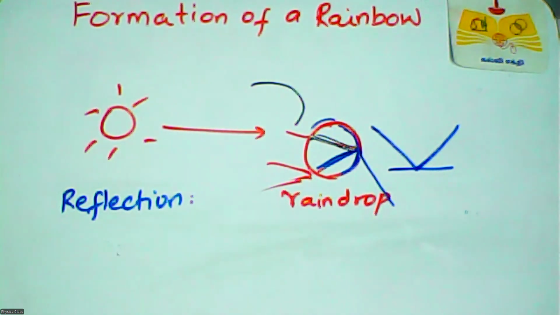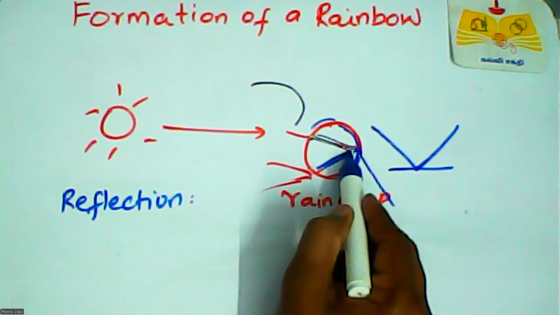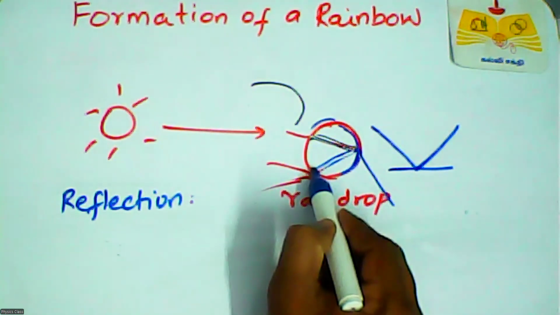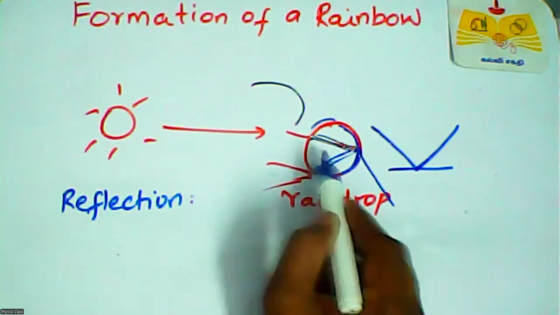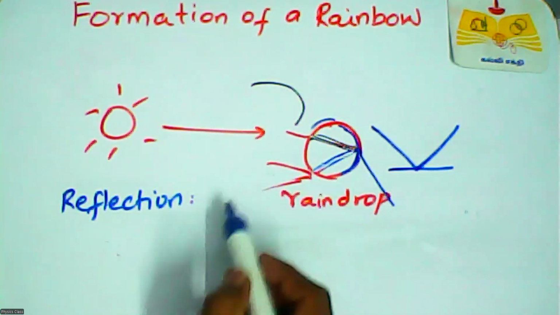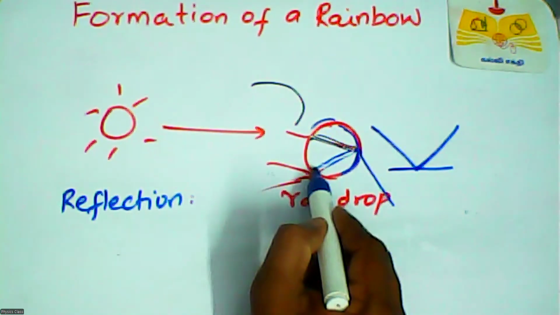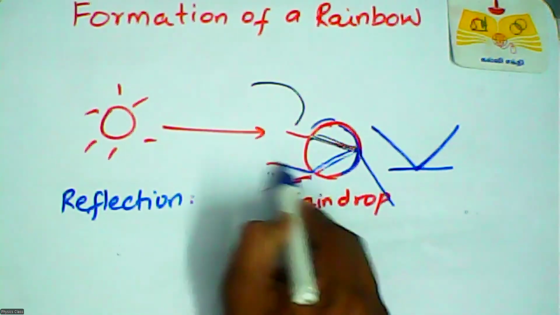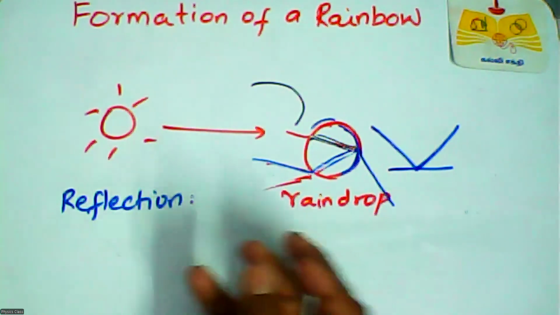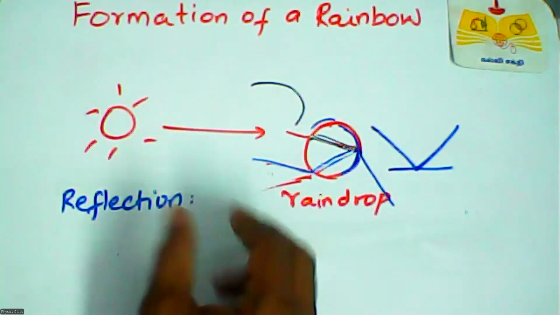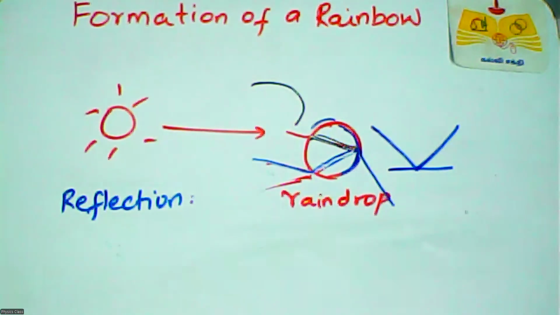Again this light comes to this surface, between this medium and this medium, so light is refracted again here. The reflected light then exits the raindrop, bending once more, so it re-enters the air.